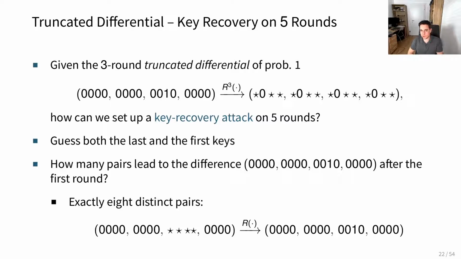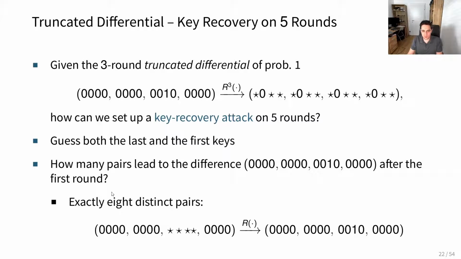Now we can ask ourselves how many pairs actually lead to this difference after the first round. We start with our 3-round differential after the first round, so we have to somehow cover the first round. That's the idea here.